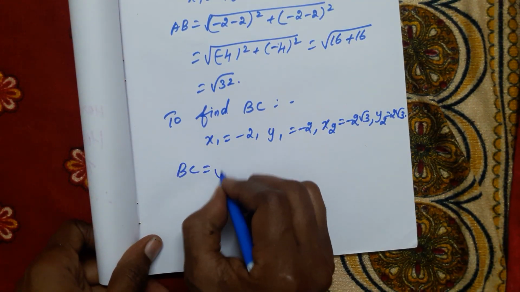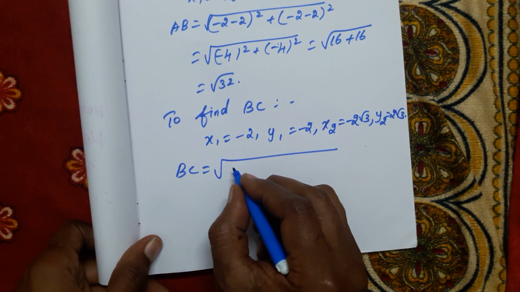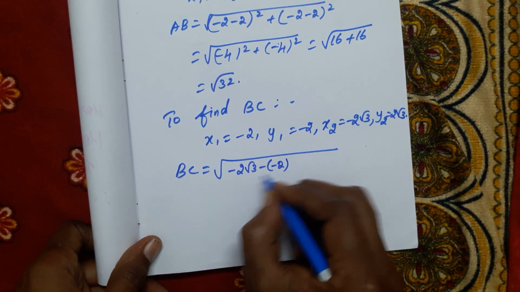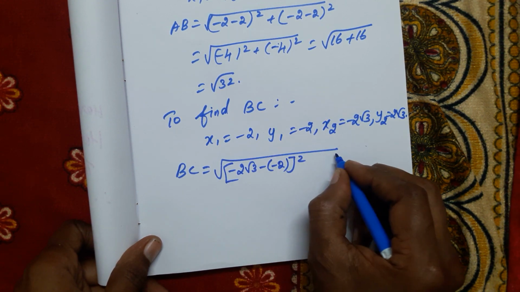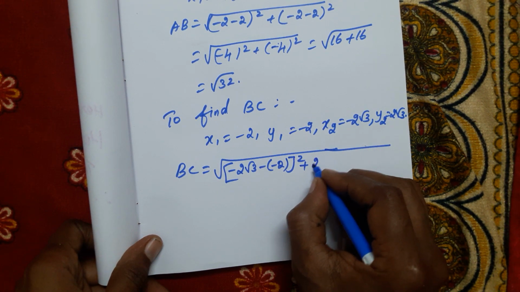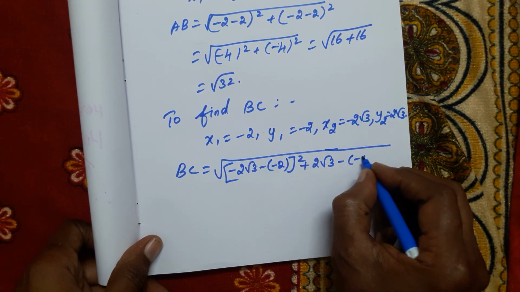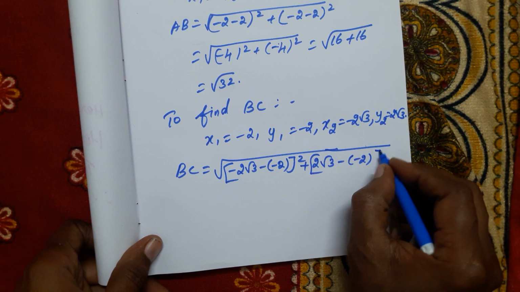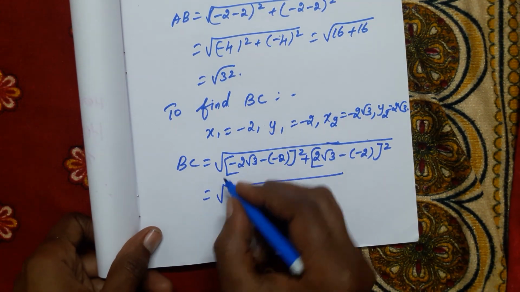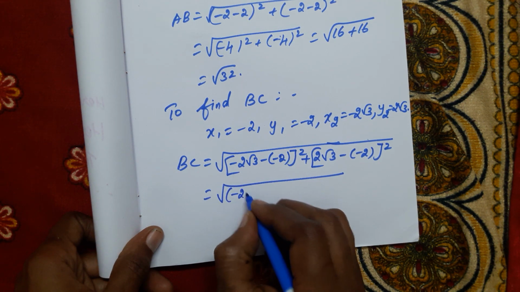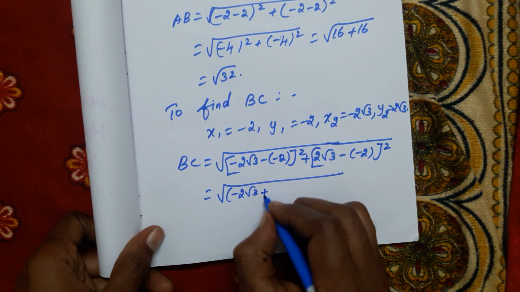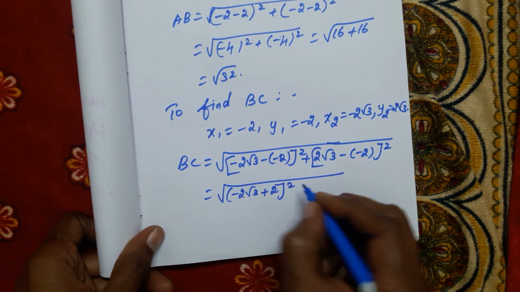BC is equal to root of x2 minus x1 the whole square, minus 2 root 3 minus of minus 2 the whole square, plus y2 minus y1 the whole square, 2 root 3 minus of minus 2 the whole square. Listen here: minus 2 root 3 minus of minus plus 2 the whole square.